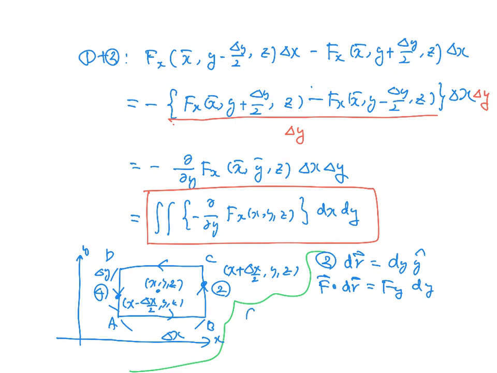So this BC integral of f dot dr is basically the integral over BC of fy dy, and then using the mean value theorem, we have fy at x plus delta x over 2, y bar, z, times delta y.